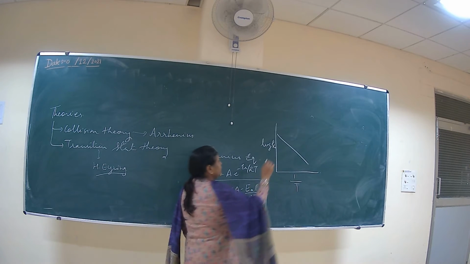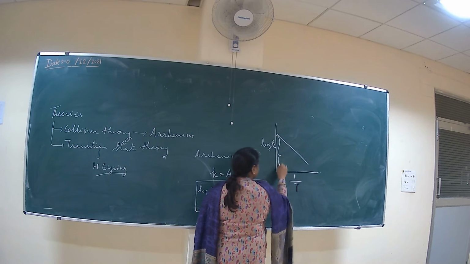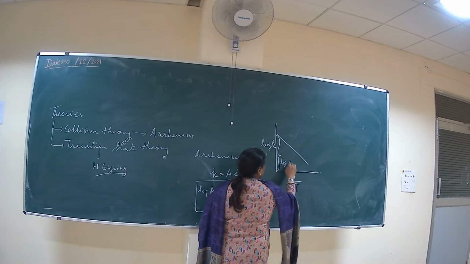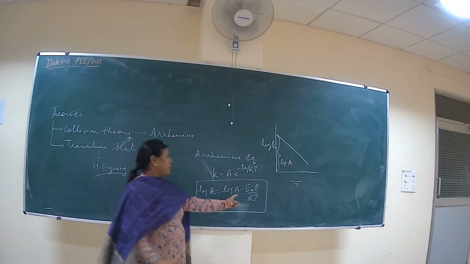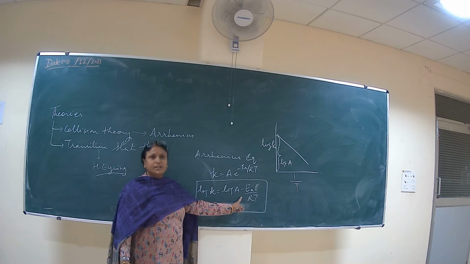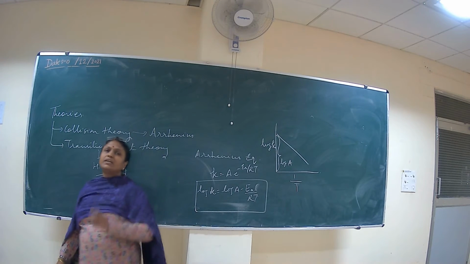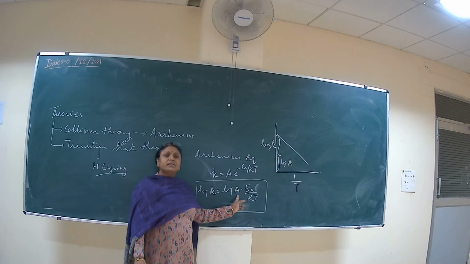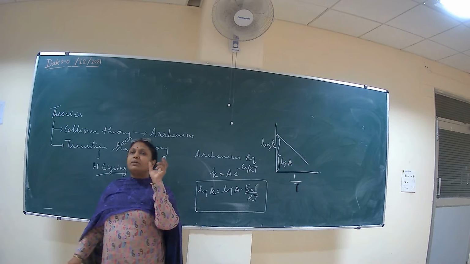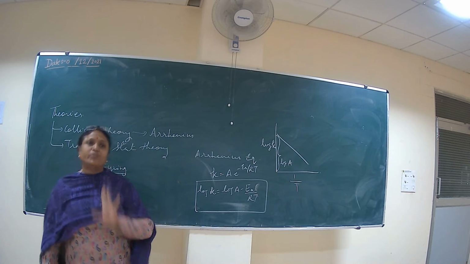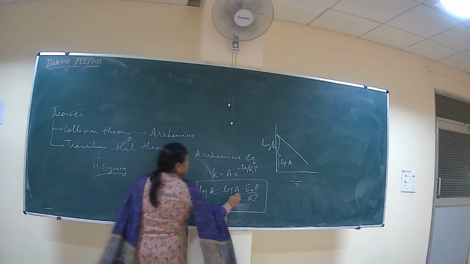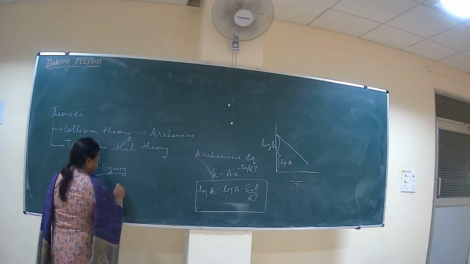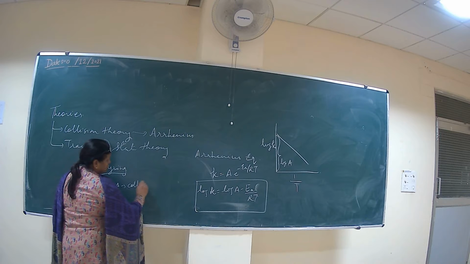Okay, and the intercept here is log of A. This A is a collision factor, or we also say that it is an Arrhenius factor, and this collision factor tells about the number of collisions taking place per unit time, per unit volume. Okay, so A is a collision factor.